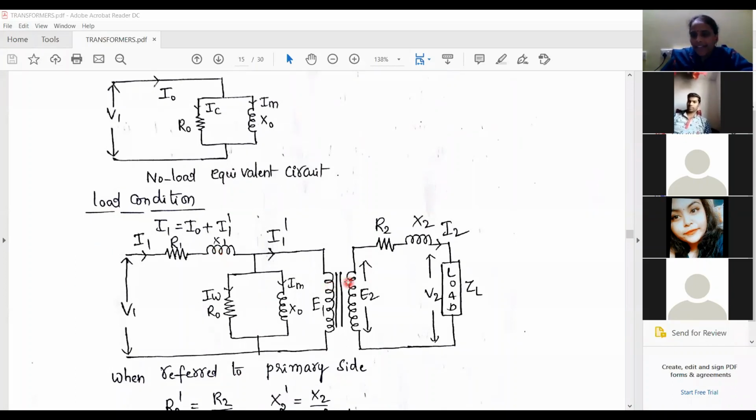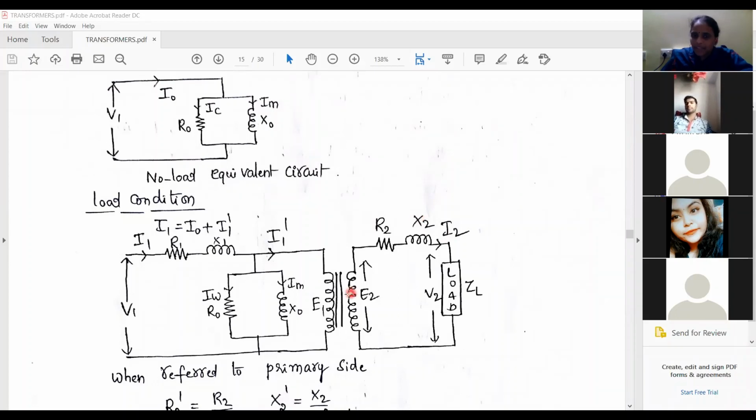Now I am writing the equivalent circuit. What does my equivalent circuit consist of? This is my transformer. This transformer has the primary winding and secondary winding. The primary winding has the parameters R1 and X1. The secondary has the parameters R2 and X2.